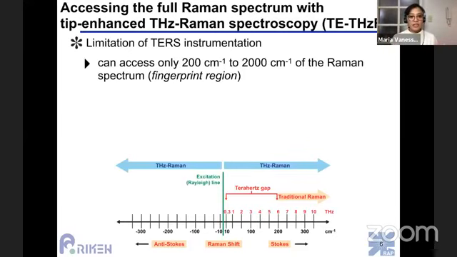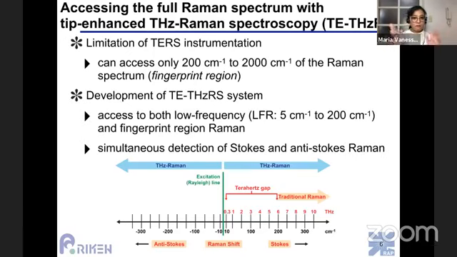Now, tip-enhanced Raman spectroscopy is a very great technique, but the main limitation is that it is limited only to the fingerprint region. Fingerprint region means basically the 200 to 2000 wave number of the Raman spectrum. The interesting part is the lower frequency regime, which we call terahertz Raman.